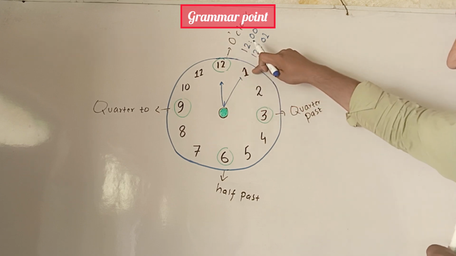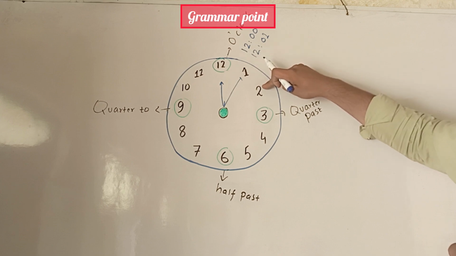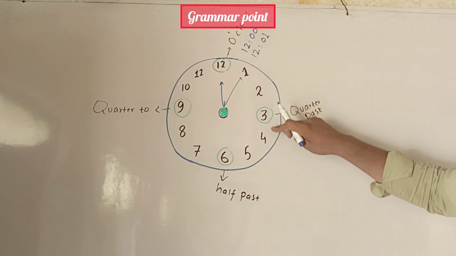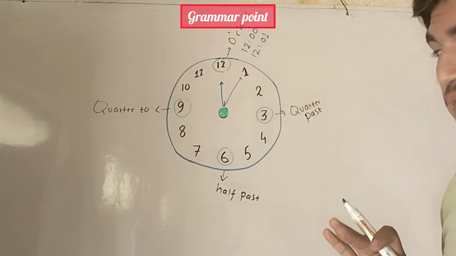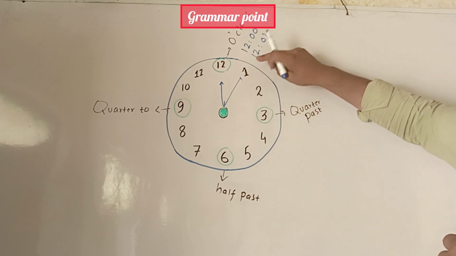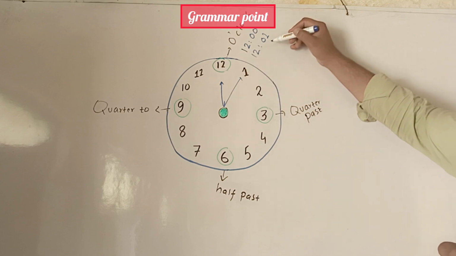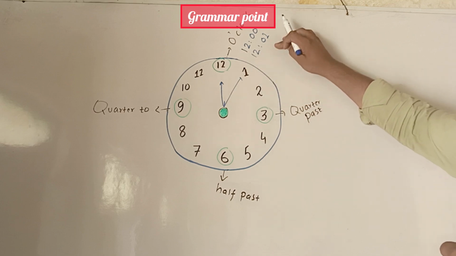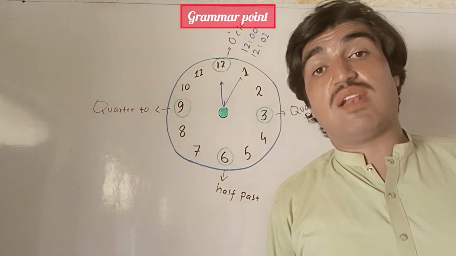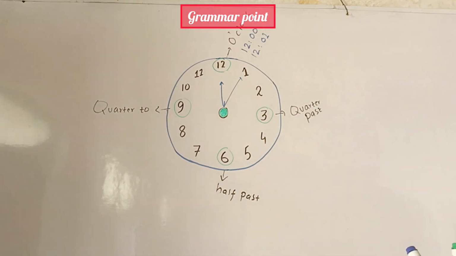From this point to this it is 5, from this to this it is 10, then 15, 20, 25, 30. You know that, okay? So if the small needle is on 12 and the large needle is on 1, it means it is 5 past 12.